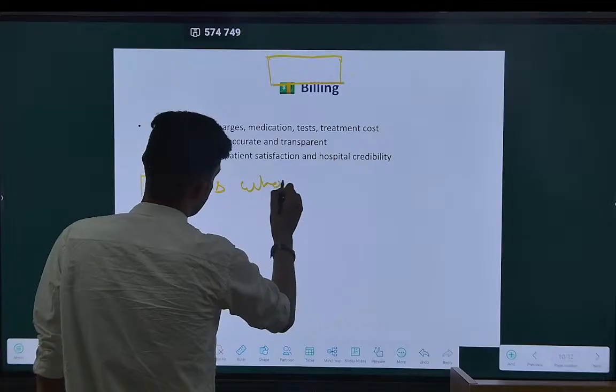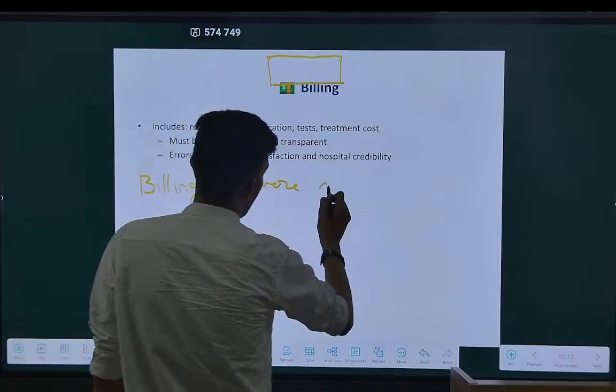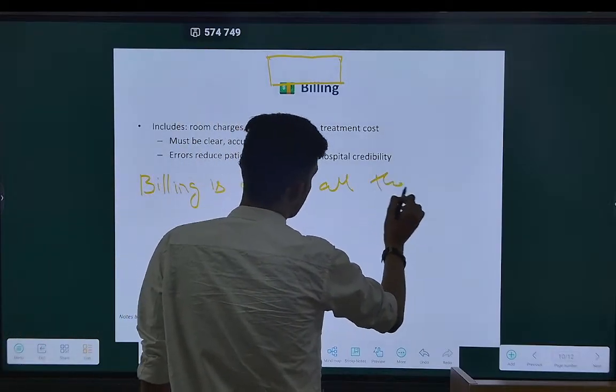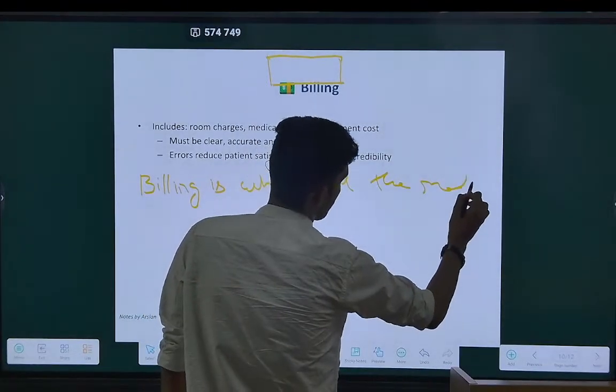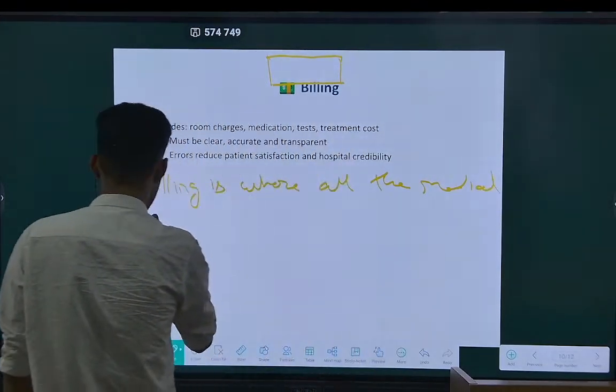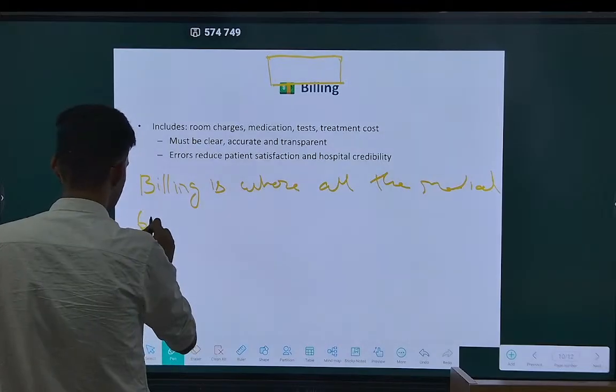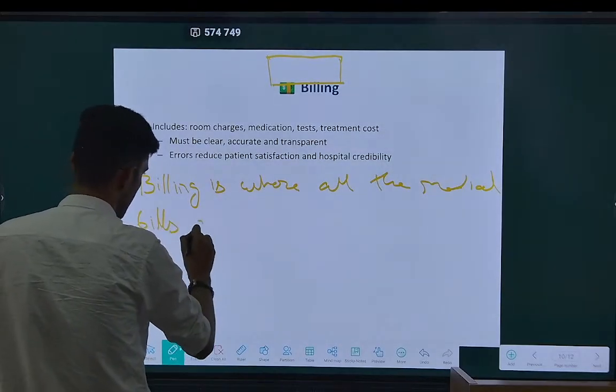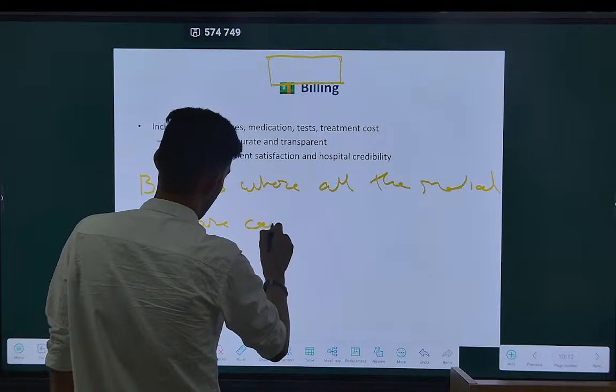Billing is where all the medical bills are paid.